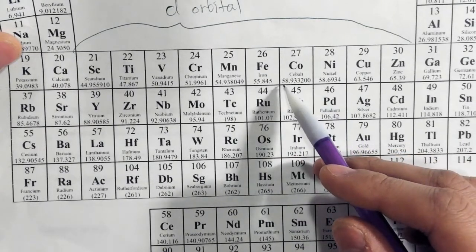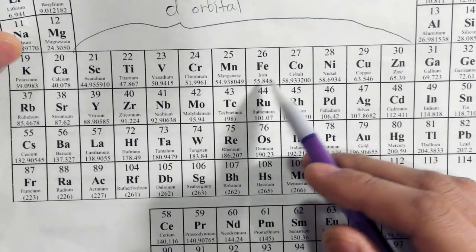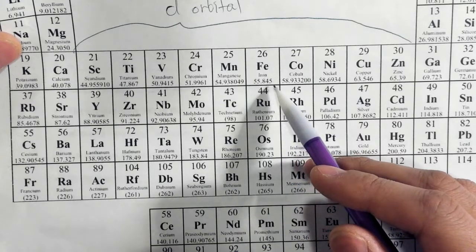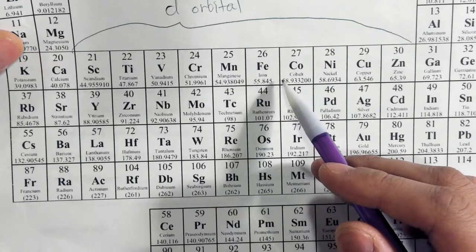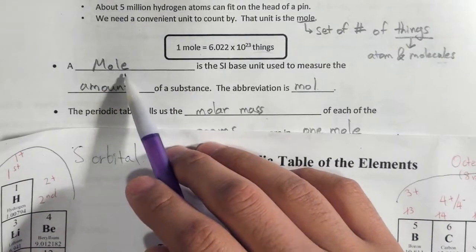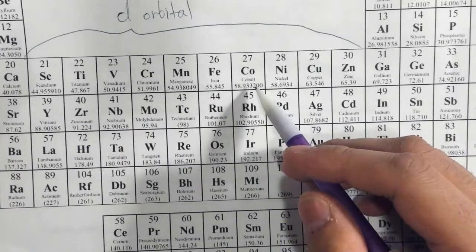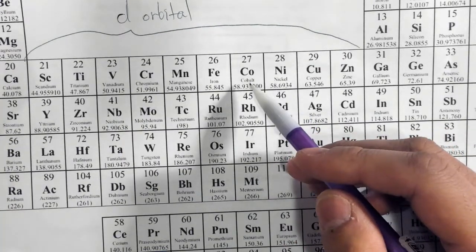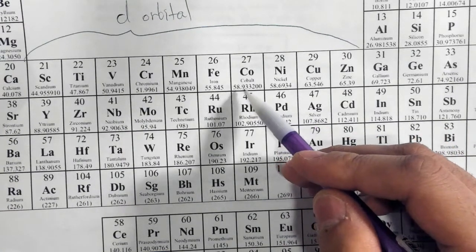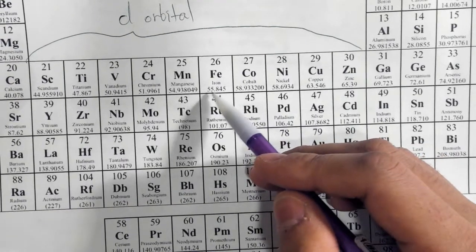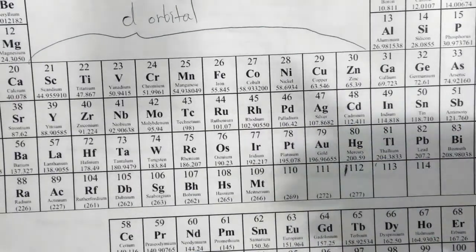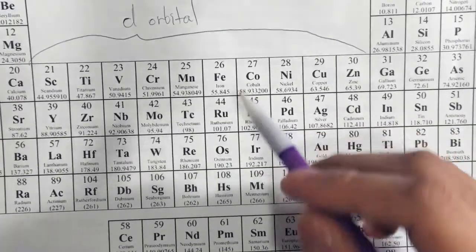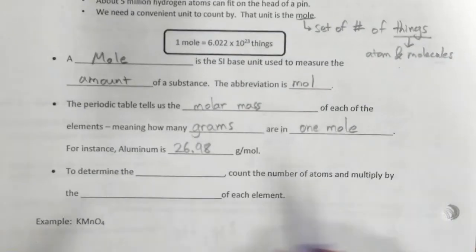For example, iron has 55.845, and the units are usually grams. So within a mole, iron has a mass of 55.845 grams per mole. That's basically what it's saying.